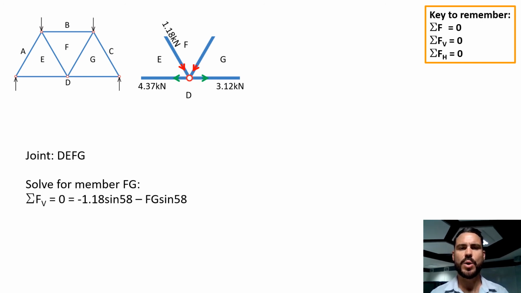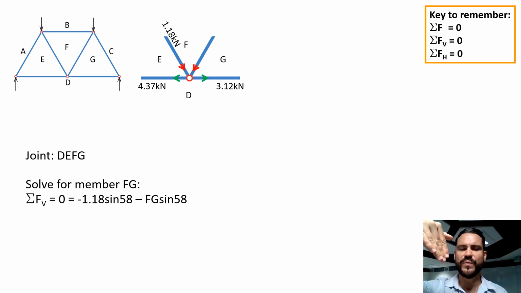Okay, so we're looking at member FG here, solving the sum of forces in the vertical. We've got negative 1.18 sine 58. Okay, that's taken from EF. And we're going to take away here FG sine 58. Now the reason I'm doing that is because I have predicted that it's pushing into the system.